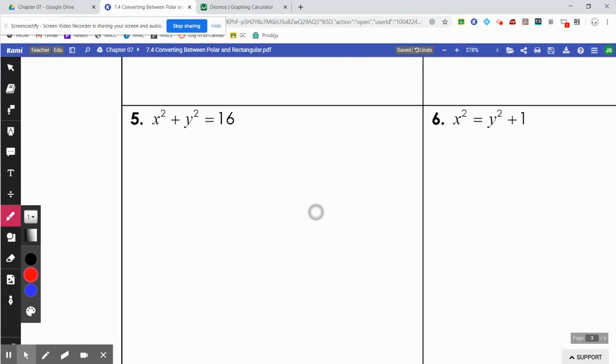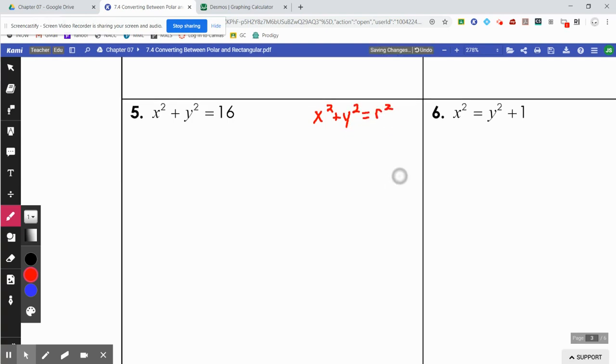Number 5. I like this one. x squared plus y squared equals 16. Now, don't forget about all your different ways to convert from polar to rectangular and vice versa. The best one to use here is that x squared plus y squared is equal to r squared.